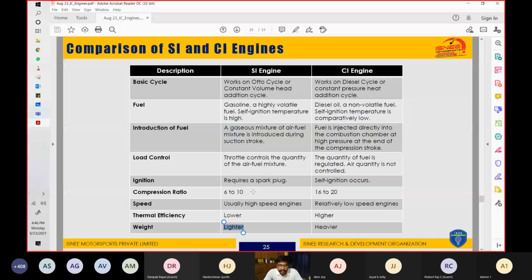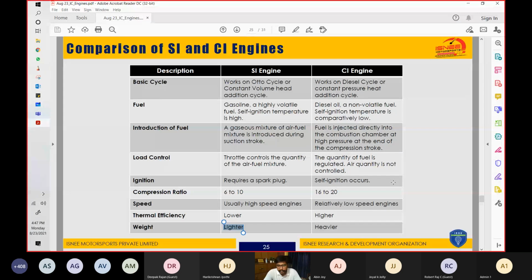In the SI engine, the ignition happens due to a spark plug, and in the CI engine, ignition happens due to self ignition, because the self-ignition temperature of diesel is relatively low and the compression ratio in the CI engine is high, so that the compression of air is done at a greater rate, and the temperature of the air after it is compressed is huge, and it is sufficient to self ignite the fuel that is sprayed over it.